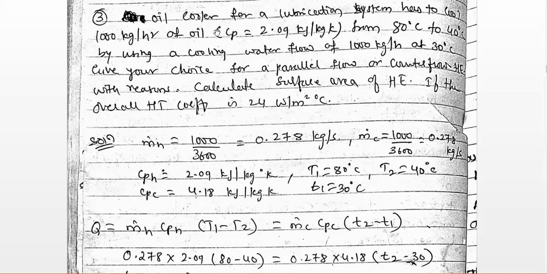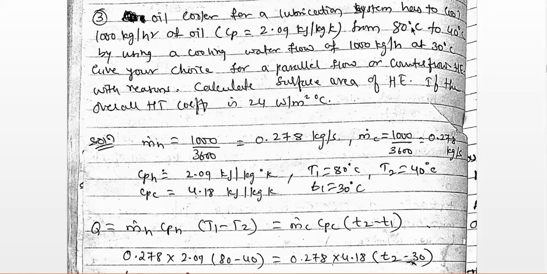Here in this problem, an oil cooler for a lubricating system has to cool 1000 kg per hour of oil of specific heat 2.09 kilojoules per kg Kelvin from 80 degrees Celsius to 40 degrees Celsius. So here the oil is the hot fluid.